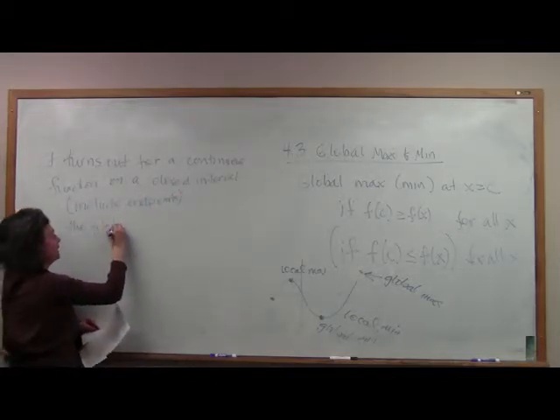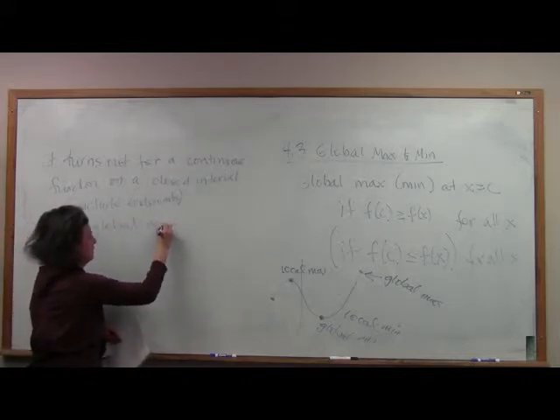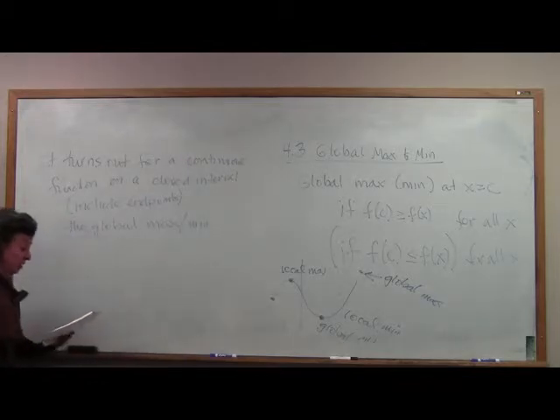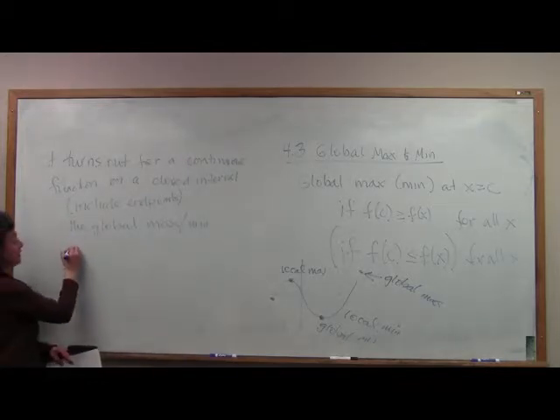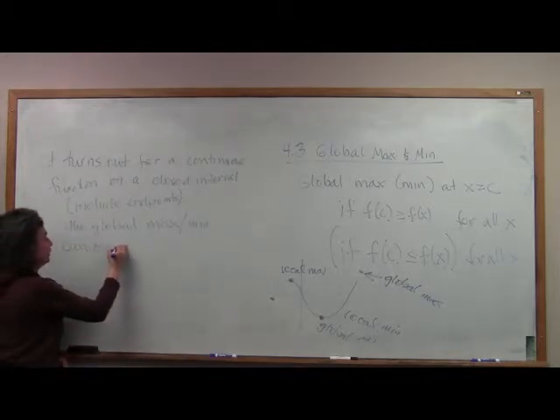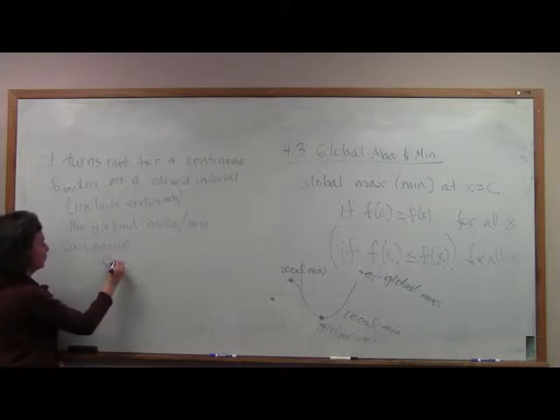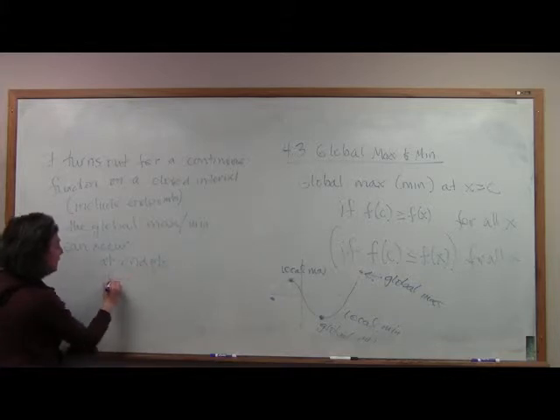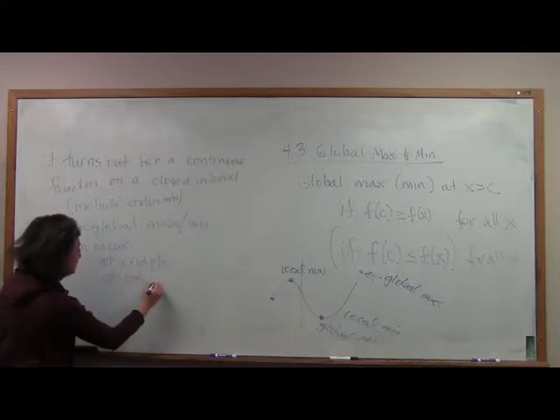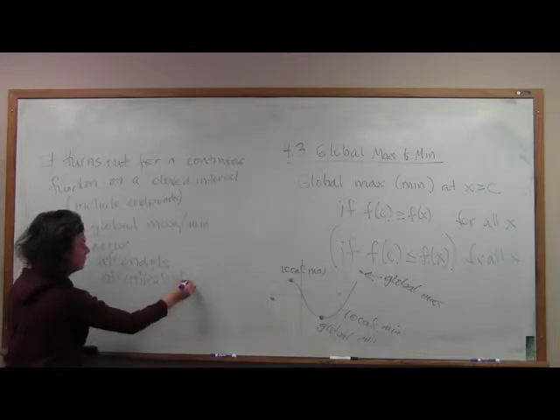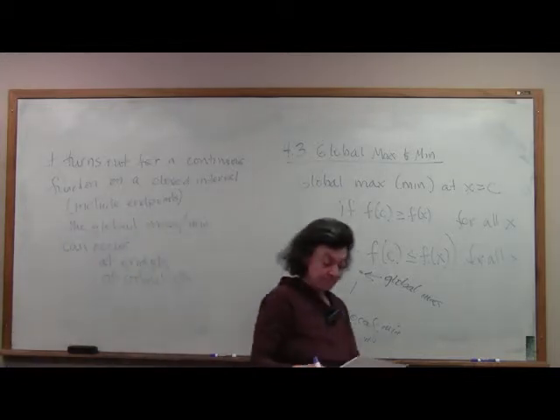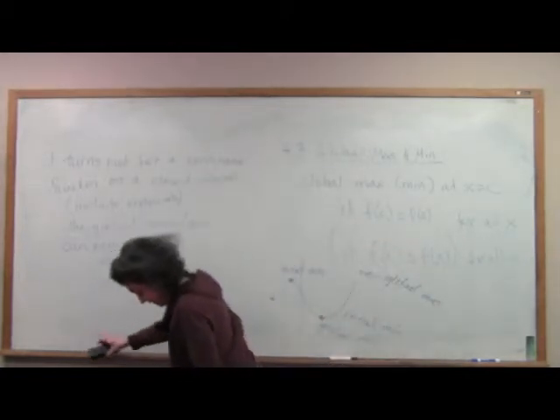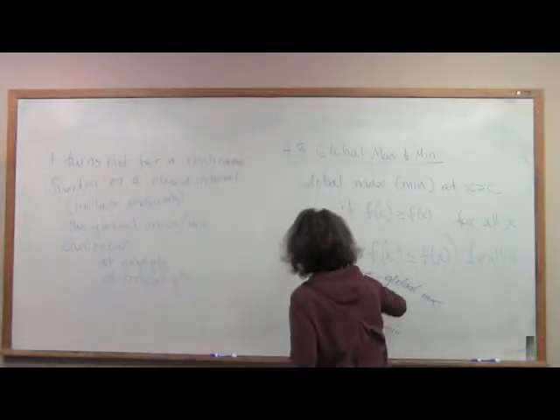The global max and min can occur at one of two places. They can occur either at endpoints or at your critical points. Okay? So, in practice, how do we do this?